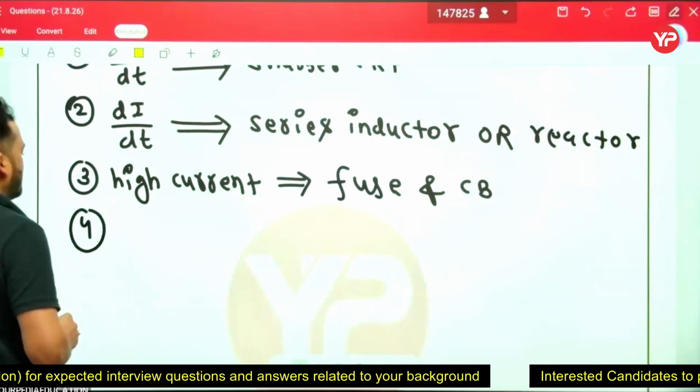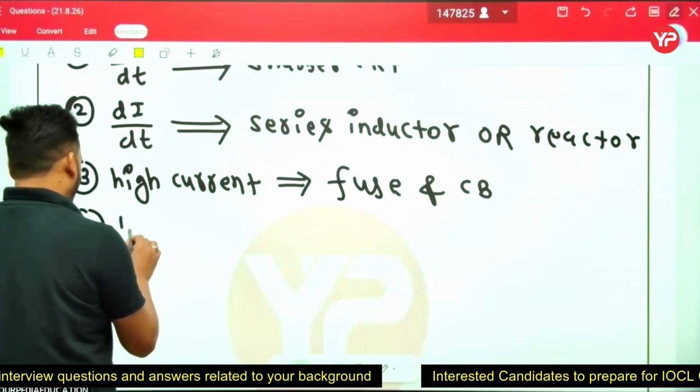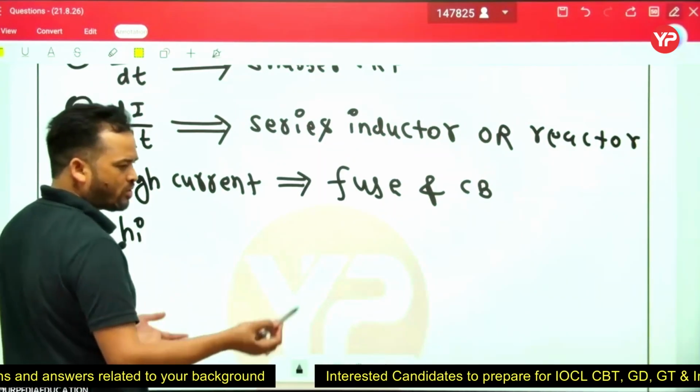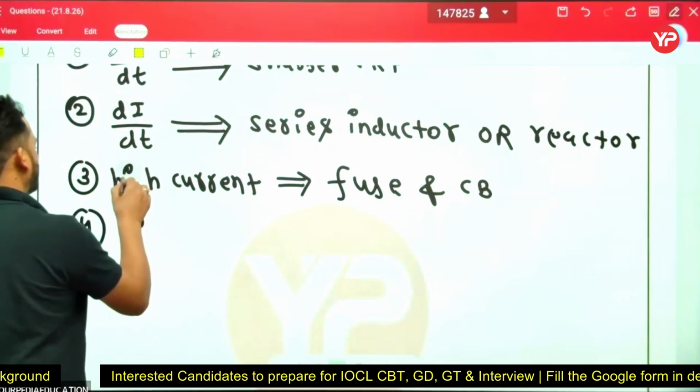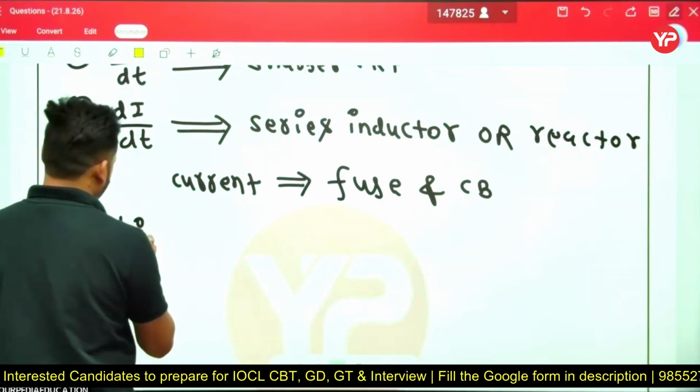Next, fifth, high voltage or over voltage. This is the over current; we write over current or high current, both are the same thing.